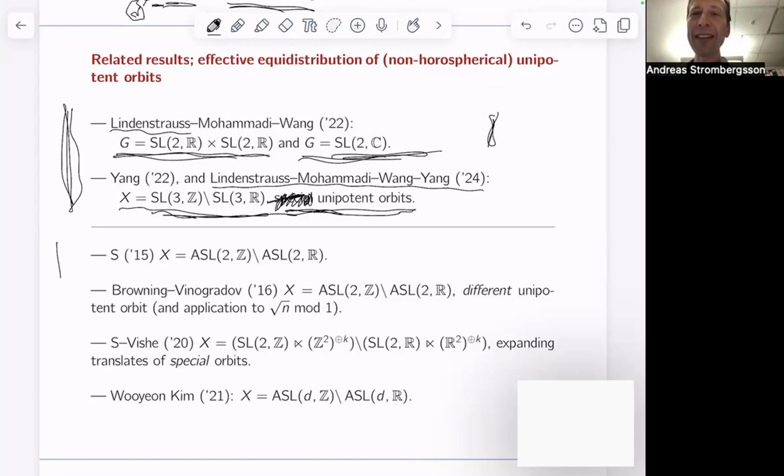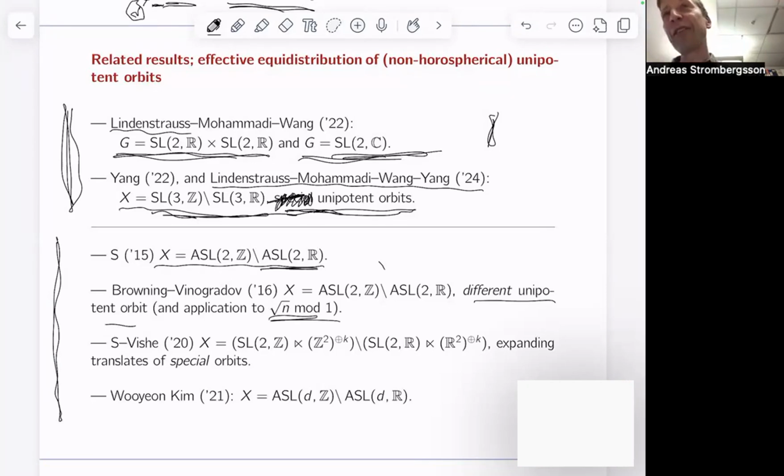Okay, and here I just list some previous work in the same kind of area. I had an earlier paper where I did it just for k equals 1. Remember, when k is 1, then my Lie group G is the affine special linear group. Then Tim Brown and Ilya Vinogradov, building on the same techniques, handled a different type of unipotent orbit. This had application to the Elkies-McMullen description of the local statistics of square root of n mod 1.